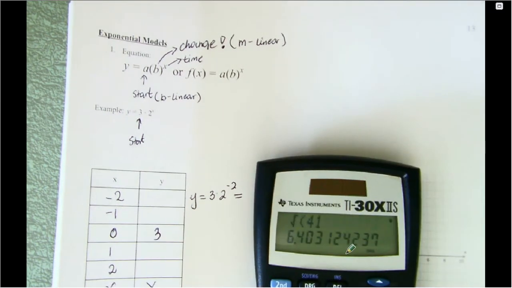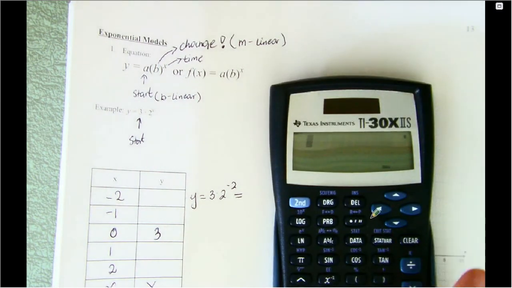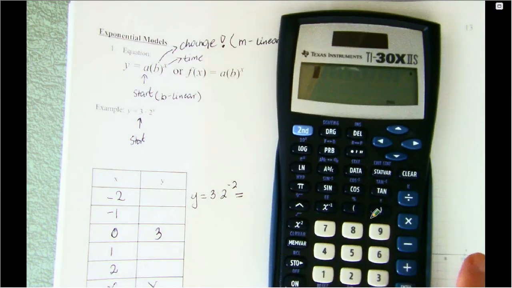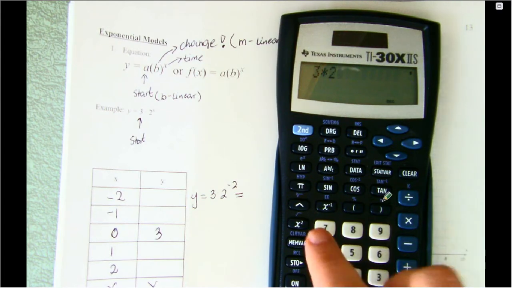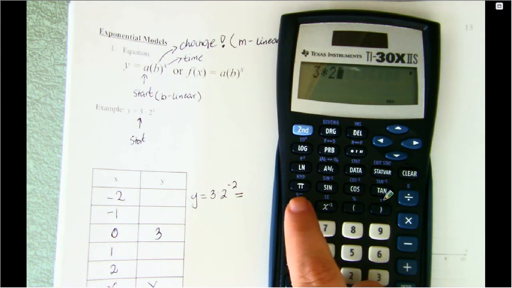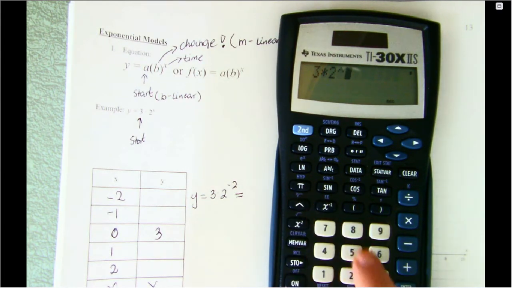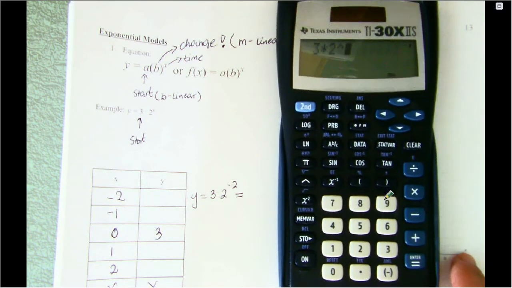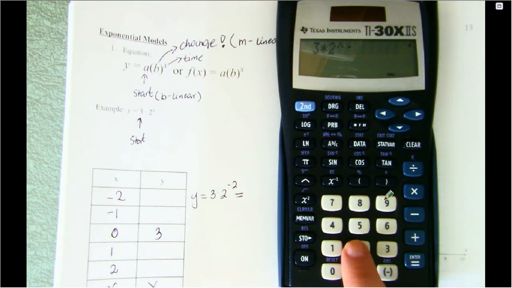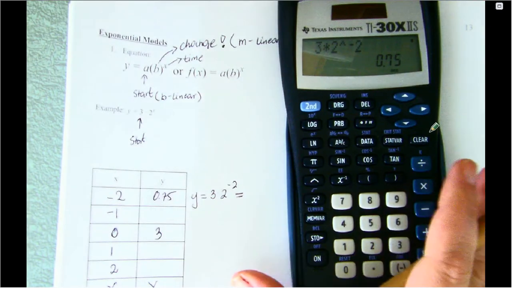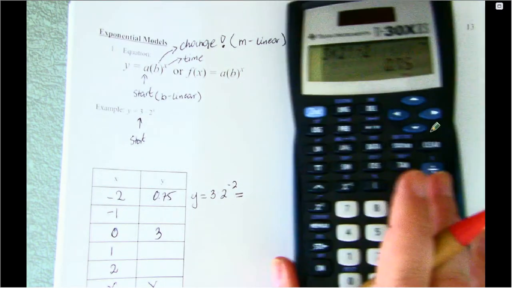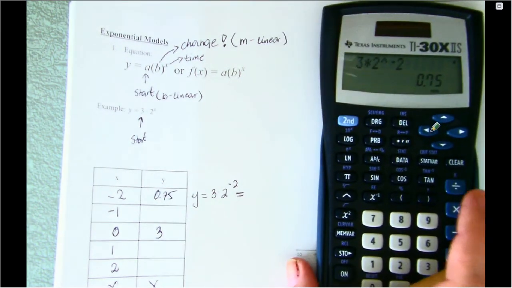So I'm going to put 3 times 2, the power button, to the power negative 2. Okay, 0.75.